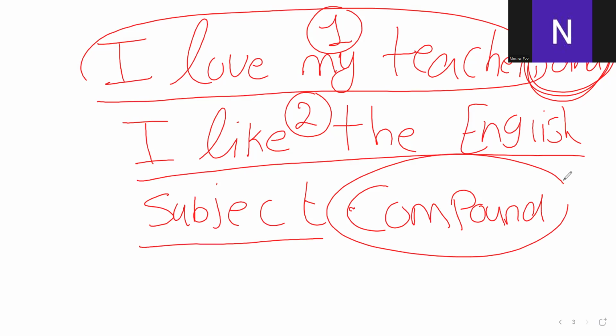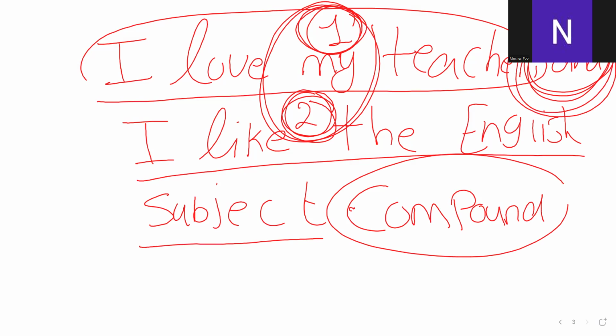Compound. Why? Because it has two independent clauses, and it has a conjunction in the middle that cuts the sentence into two, which is a compound. Let's say that two simple sentences make a compound sentence and it needs a conjunction in the middle.